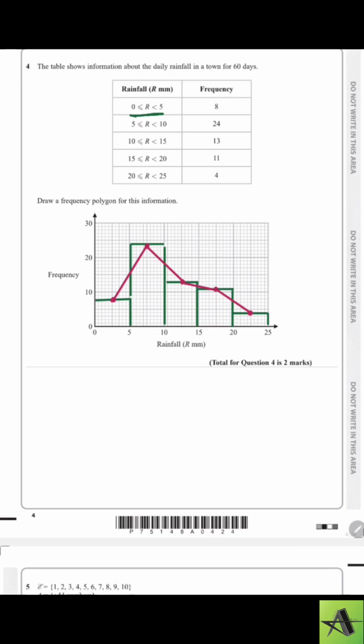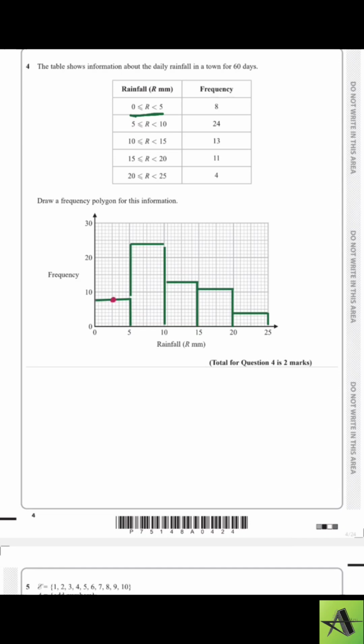This is the remaining frequency polygon. I was saying that even you need not draw the histogram. I have explained it because for those who are not aware of this concept, you should know that we have to draw the histogram like this, and then at the very end we have to take the midpoints and we can draw the frequency polygon.